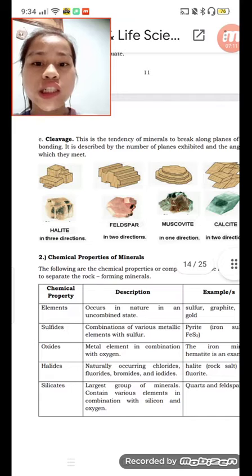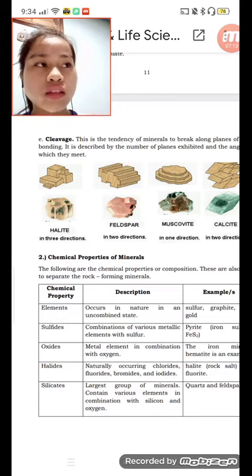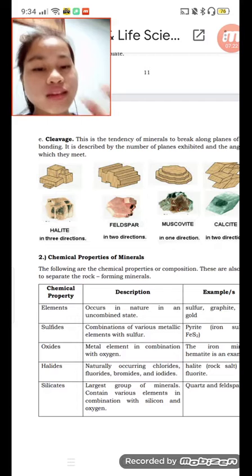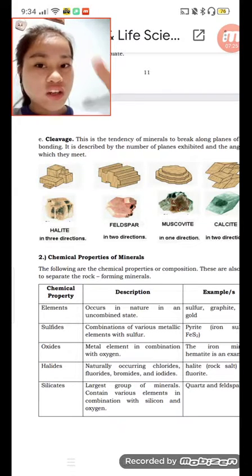Then I learned cleavage, which is the tendency of minerals to break along planes. It depends on one direction or two direction planes, not the same, but they attract each other.